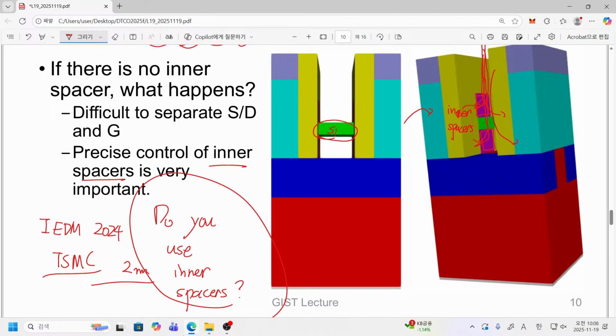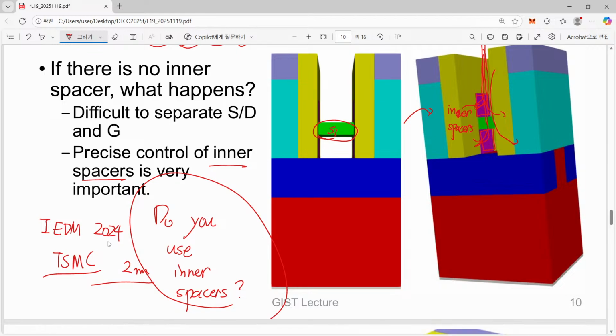Why did that happen? It was because there is also another company who can fabricate this nanosheet MOSFET, and they really suffer from the control of inner spacer. So eventually they gave up and made another process, another device technology without inner spacer and distributed it to their customers.